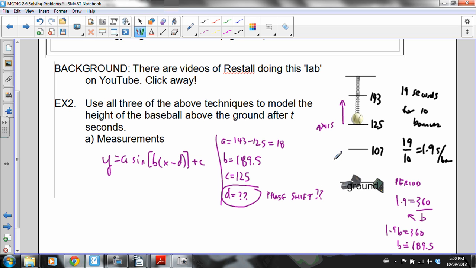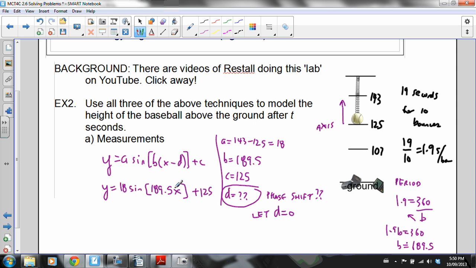I don't know where the ball was when I started counting, so I'm going to let it be 0, just to make our model a little bit simpler, and plus it doesn't matter. If we would have started timing a little bit later, the D value would have changed a little bit. So we've got 18 sine 189.5 x minus 0. I'm just going to put it in like that, and then plus 125.